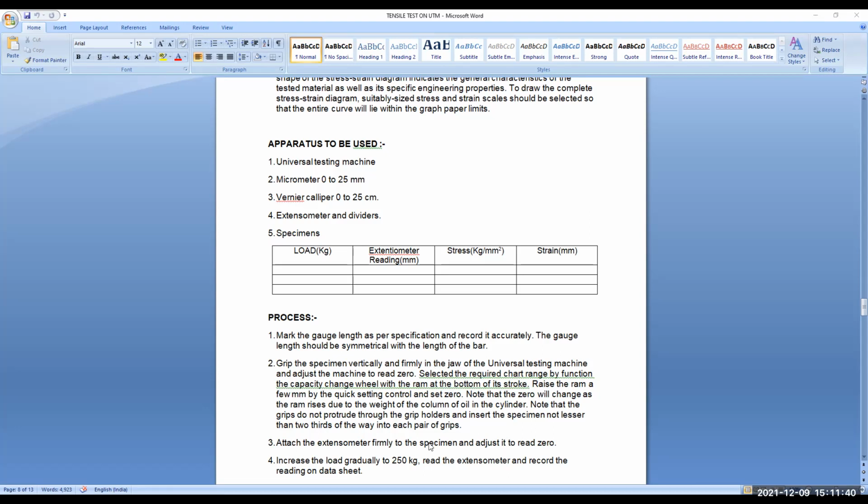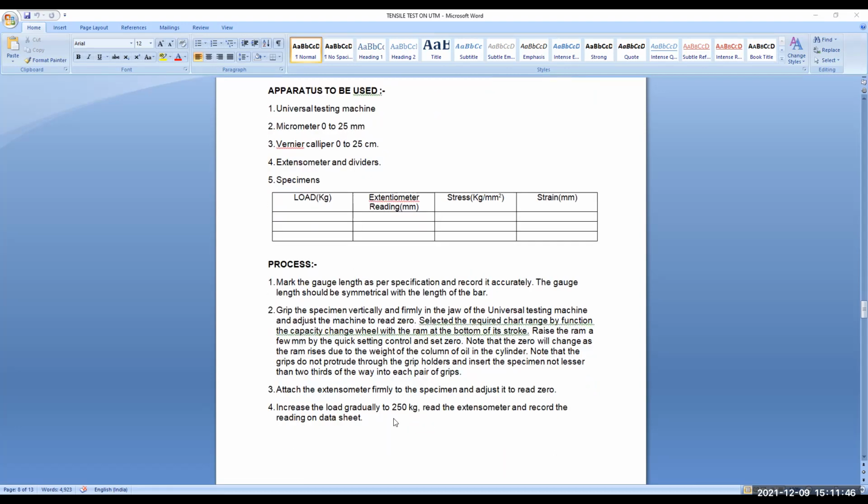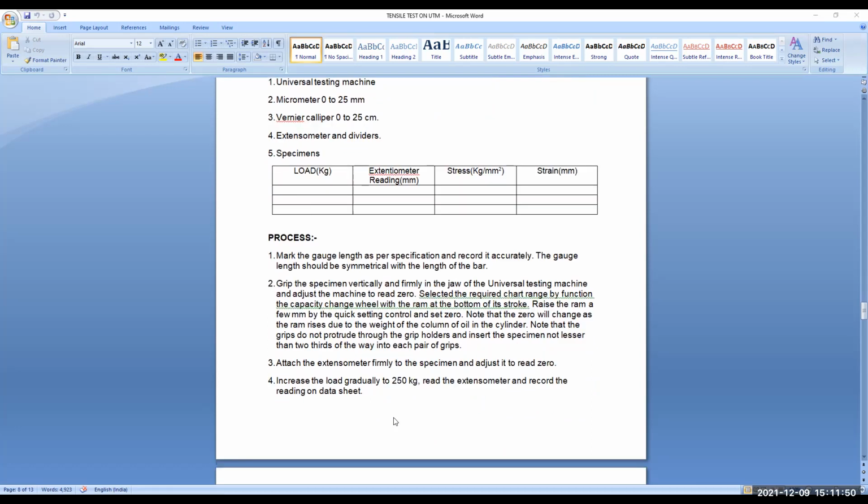Now, increase the load gradually up to 150. We don't have any particular chart giving the sudden rise in load.